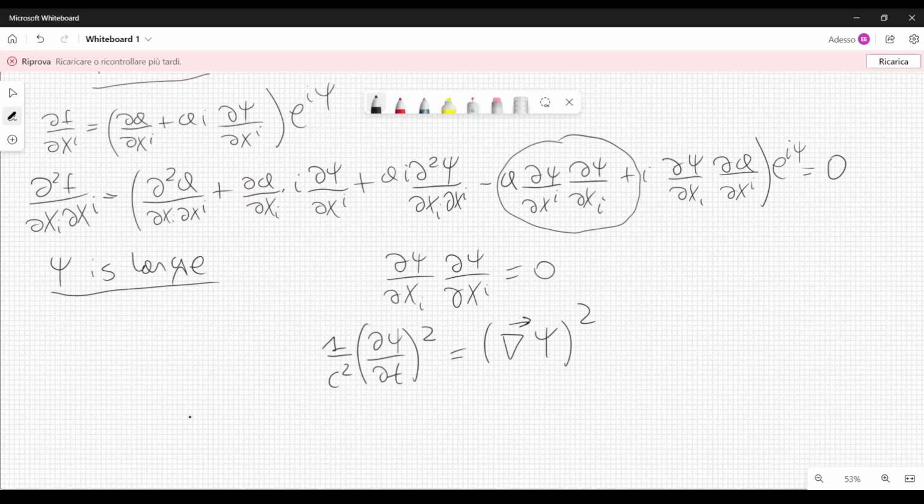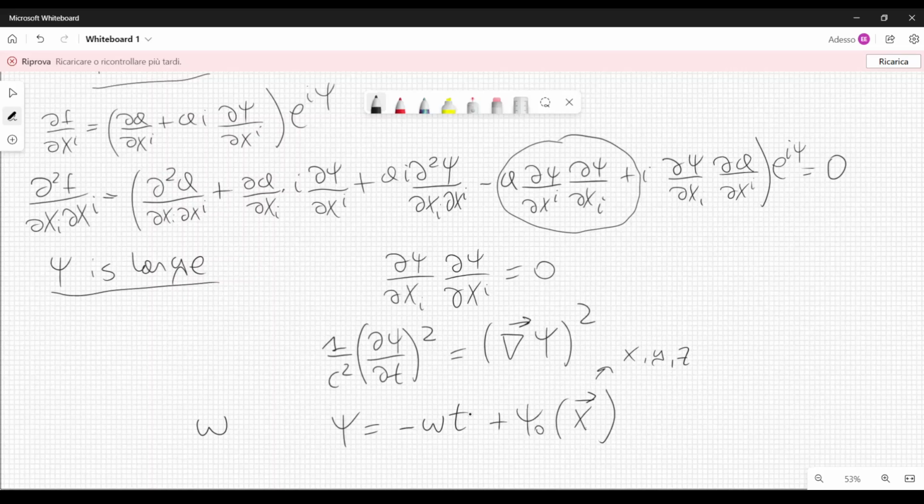Now, if we know that the wave has a constant angular frequency omega, psi will have to be of this form: minus omega t plus another function psi naught, which depends on the vector x. So the vector x is only x, y, z, so it only depends on space.